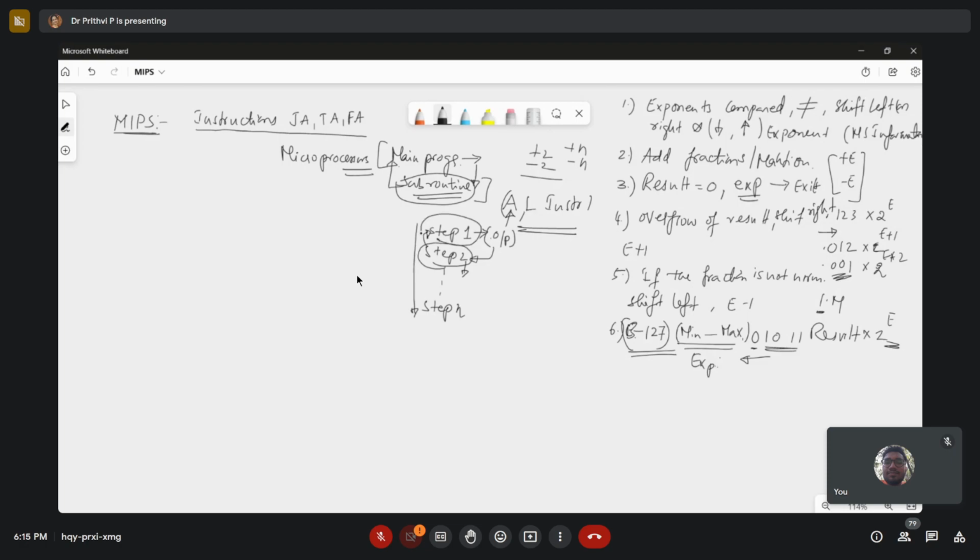Until this first step is completed, you should not proceed to the second step. Am I a little bit clear now? If there is a dependency of the second instruction on the first instruction's outcome, until that outcome is generated, step 2 should not be processed.